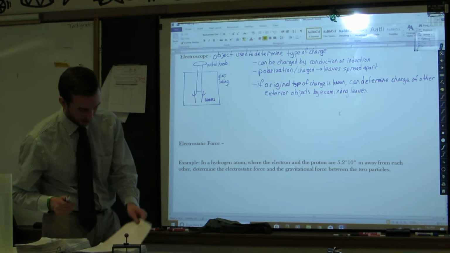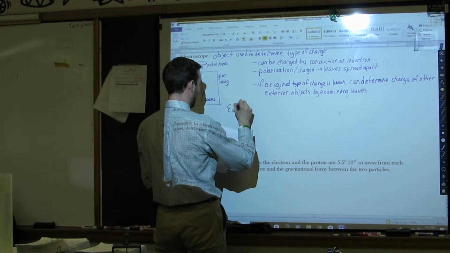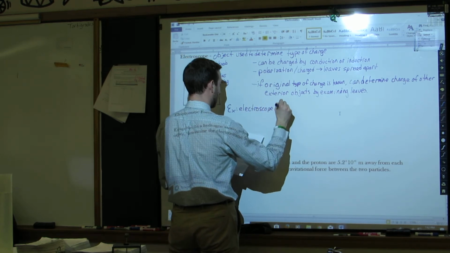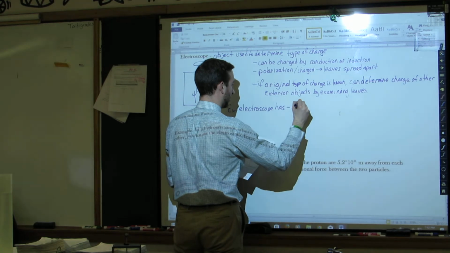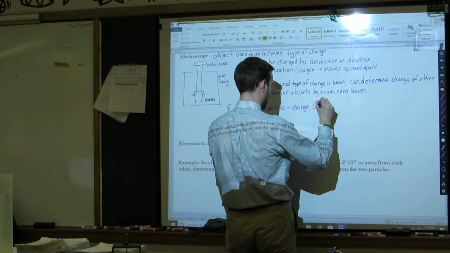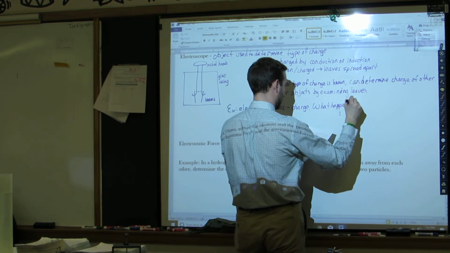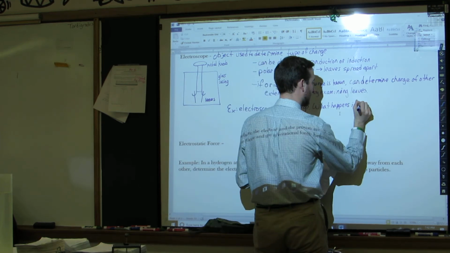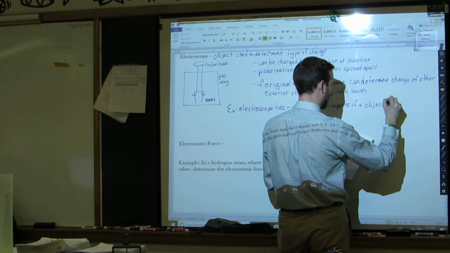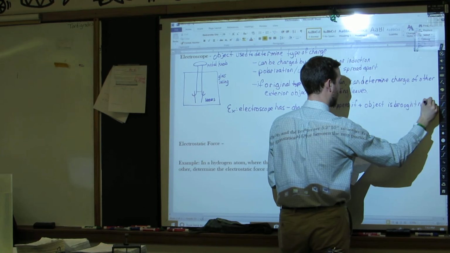So, let me start writing an example. Let's say that you know that your electroscope has a negative charge on it. What happens if a positive object is brought near it?